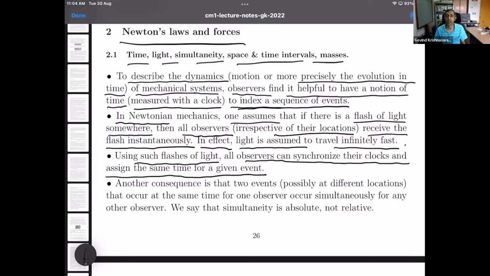Okay, so that is what we will do initially. We will reset all our clocks to agree on the time at which some common event occurred, then we will say that all our clocks are synchronized. So from now on, we will assume that we are working with synchronized clocks.